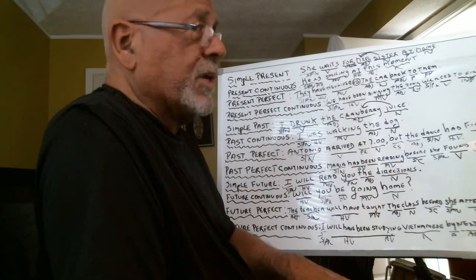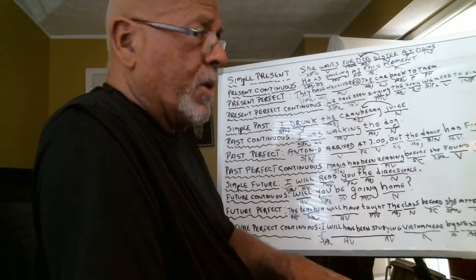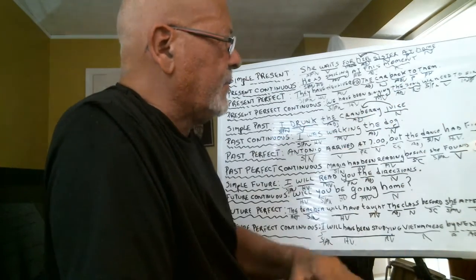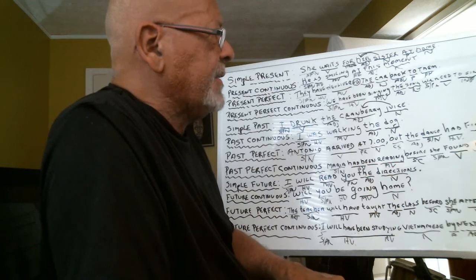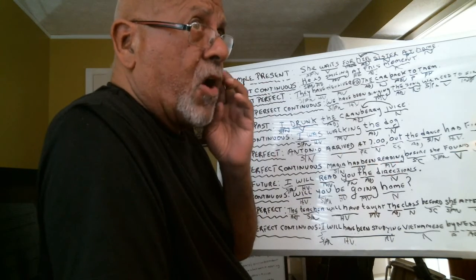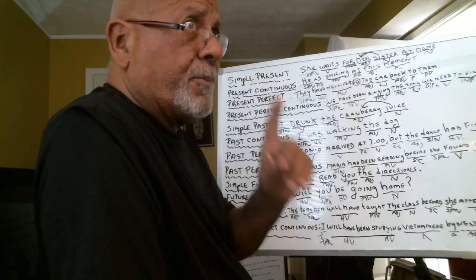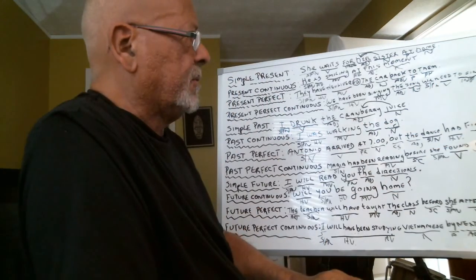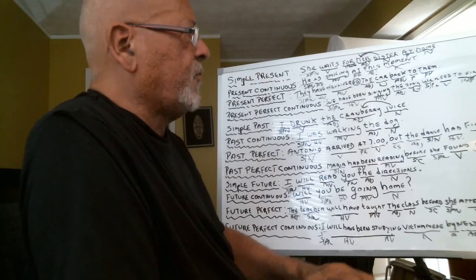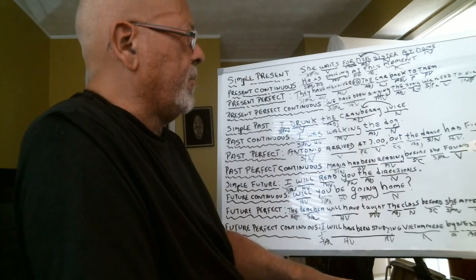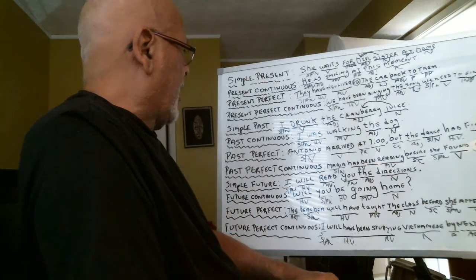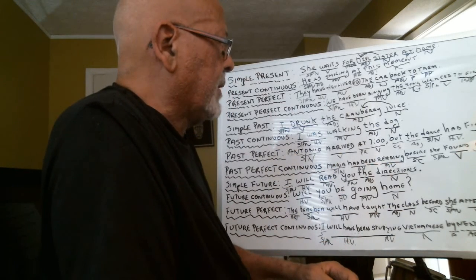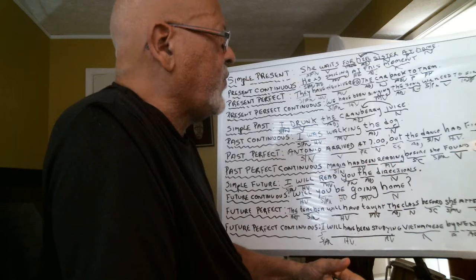We have two subjects, two nouns, and two predicates. But the dance had is the helping verb. Only one helping verb in this tense. Had finished. Okay, finished, regular verb, ends in ed. So I'll read it again. Antonio arrived at 7, but the dance had finished.